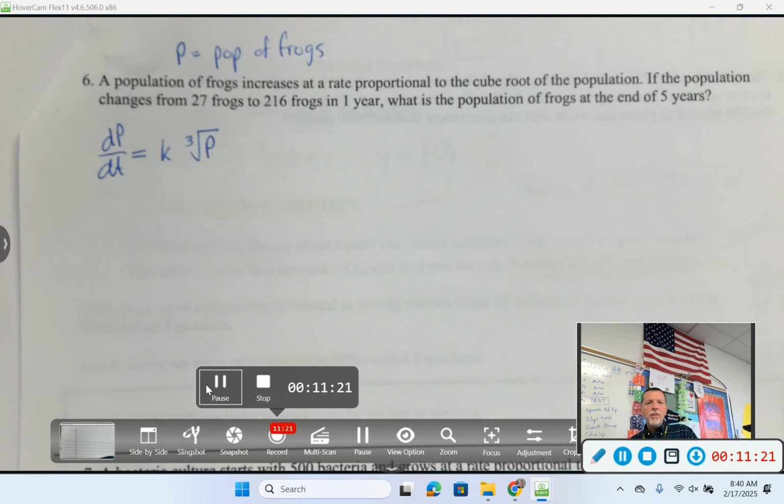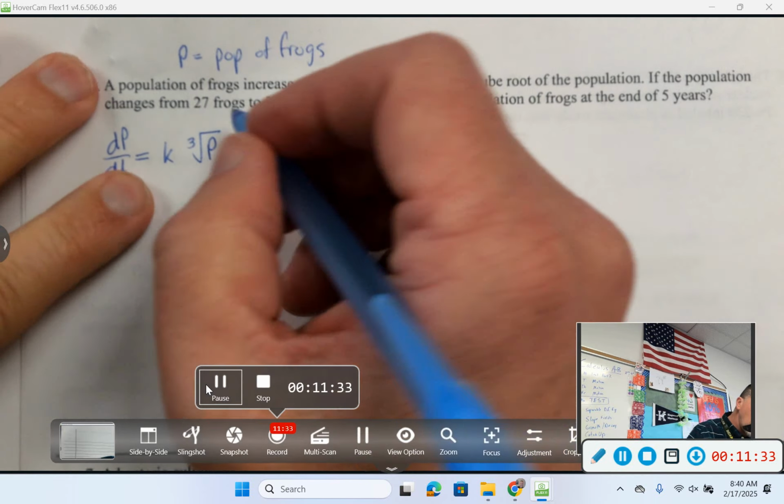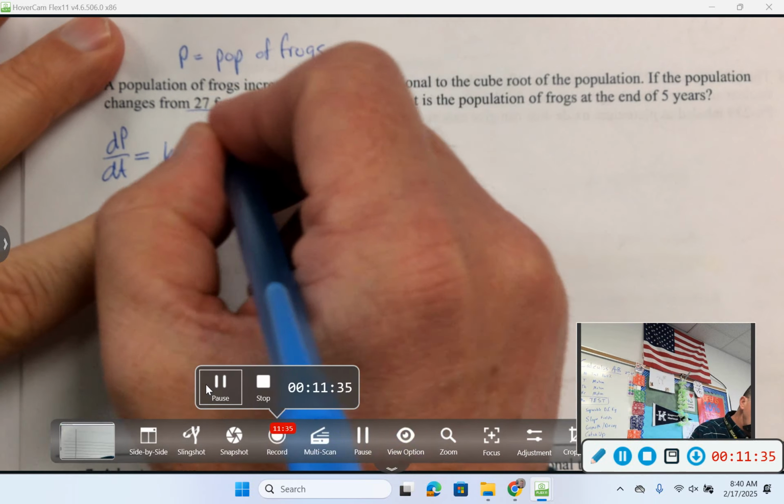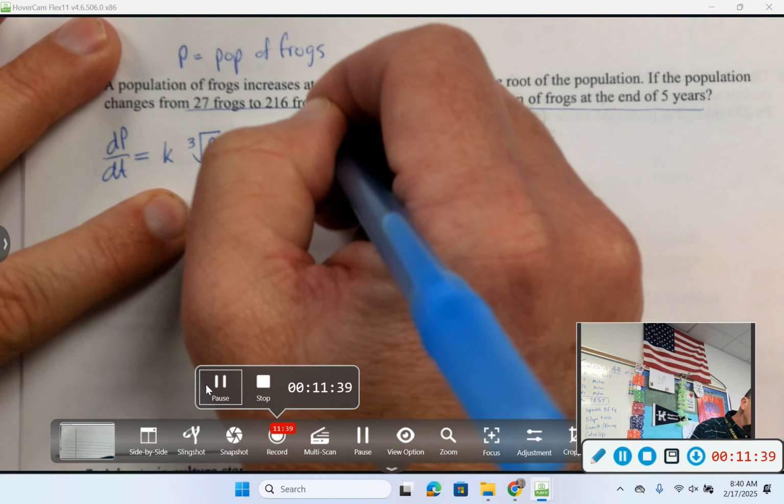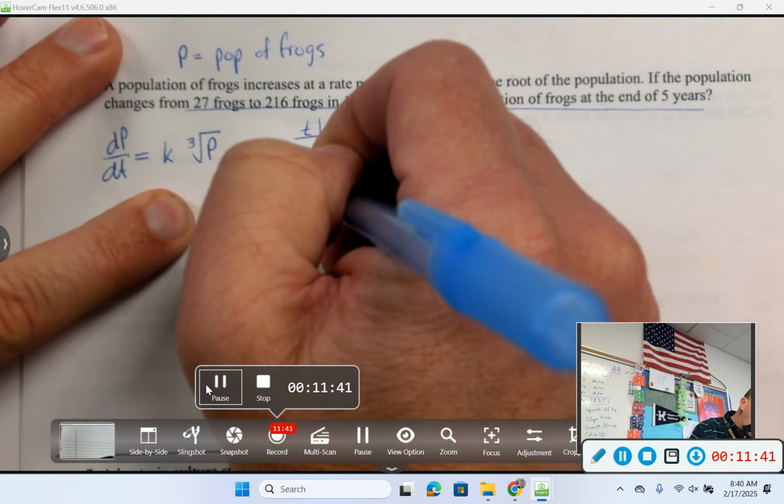Okay, if the population of frogs changes from 27 frogs to 216 frogs in 1 year, what is the population of frogs at the end of 5 years? Okay, that's a lot of information, and I like to put all that information in a table because then I have a set of ordered pairs that I can use.